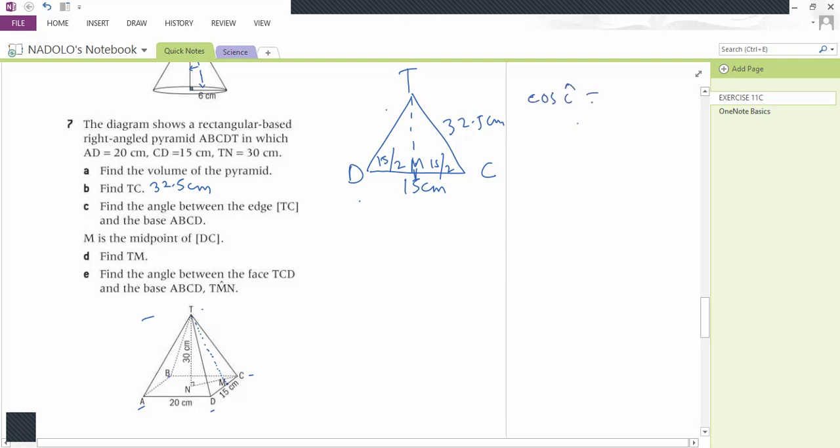Cos angle C will be given by MC divided by TC. So remember angle C, we got it previously, which was the angle between TC and ABCD. So cos 67.4 degrees is the same as MC, which is 15 divided by 2.